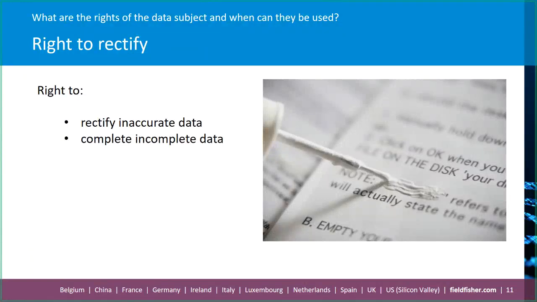It might say it doesn't have your addresses for the last 3 years correct, or say it recorded you as bankrupt. You can review those details that they are keeping of you and then request that they are rectified.